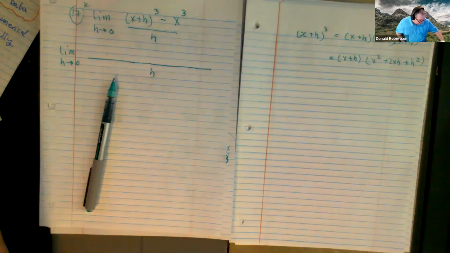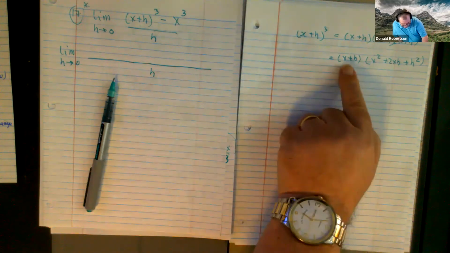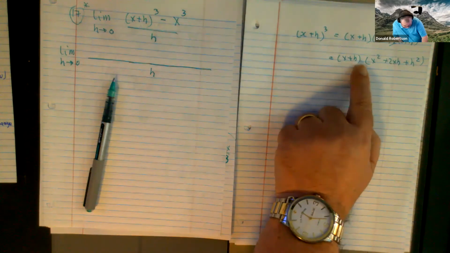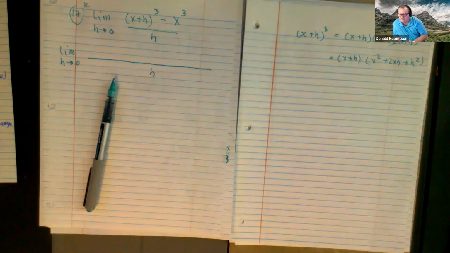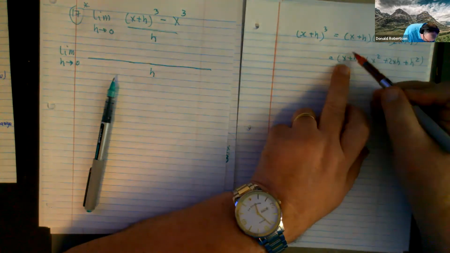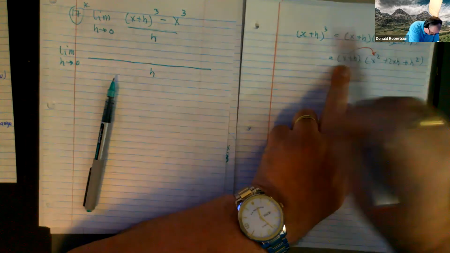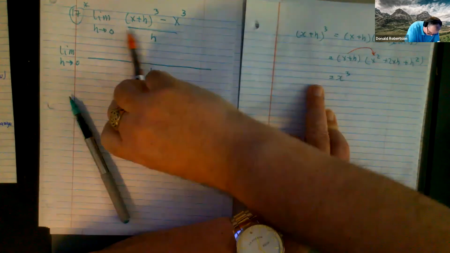I'm not going to call it FOIL because it isn't, although it will look very similar. If you want to multiply a term that's got 2 bits with another term that's got 3 bits, you have to have a very systematic way of doing it or else you'll miss an answer. So here's my systematic way. Take x and multiply it by x squared, and the answer is x cubed.